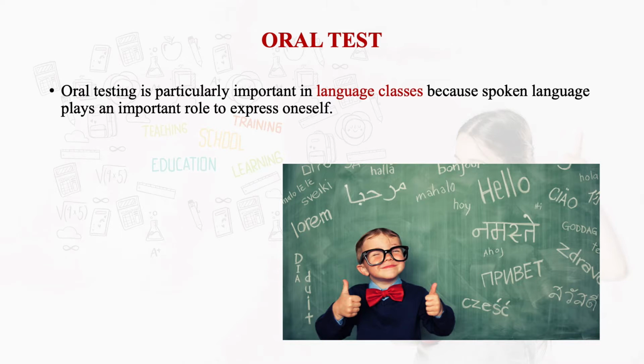And many a time you will find that a few shy children and young children are not coming into contact, are not talking, and are not comfortable to write. For them you can use an oral test. And further, oral testing is particularly important in language classes because spoken language plays an important role to express oneself. To know the language ability skill, you can use the oral test in language classes.